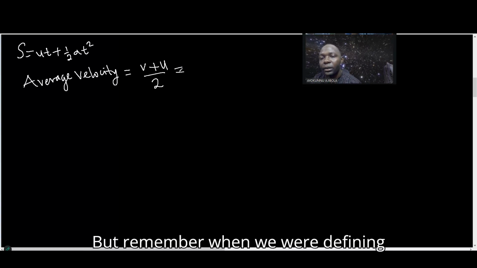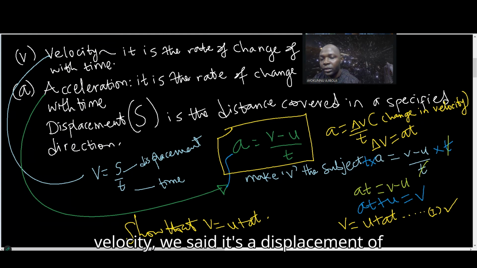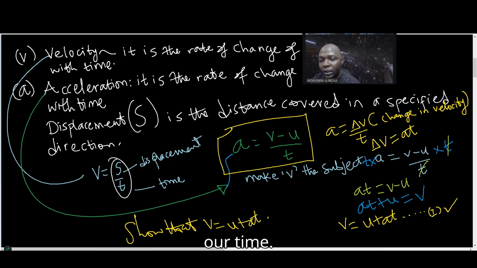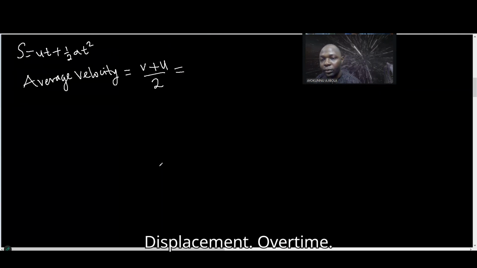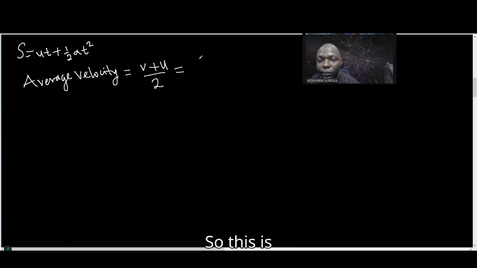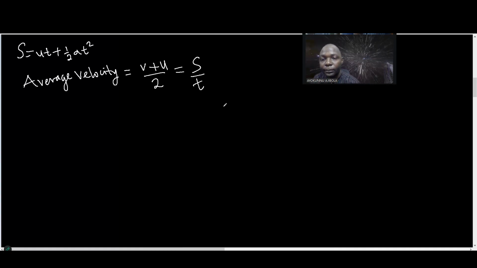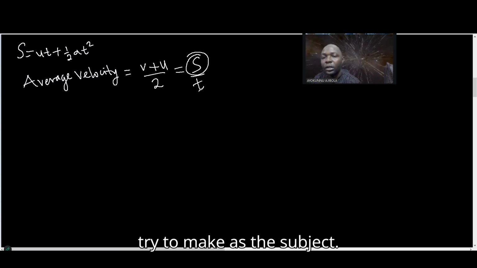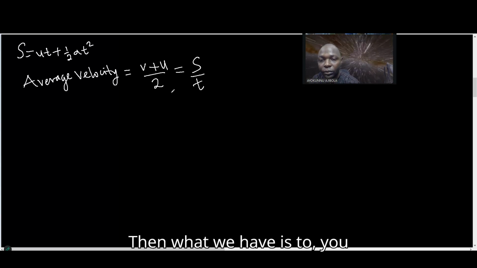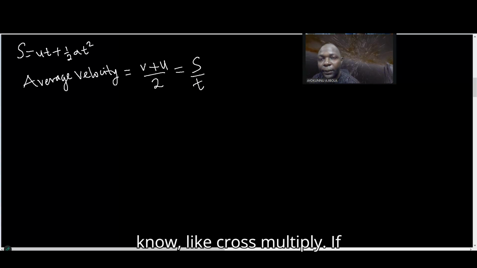But remember, when we were defining velocity, we said it's displacement over time. So this is displacement over time. Then we want to make S the subject, so we cross multiply.